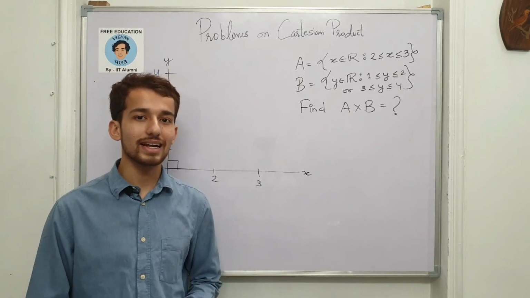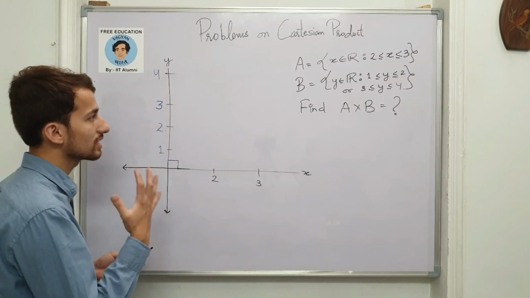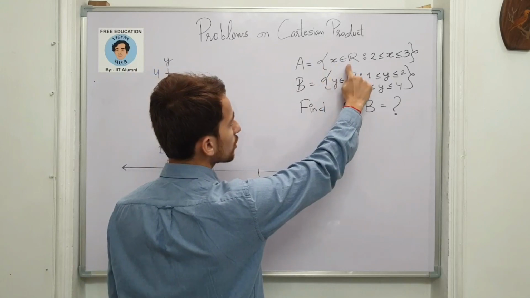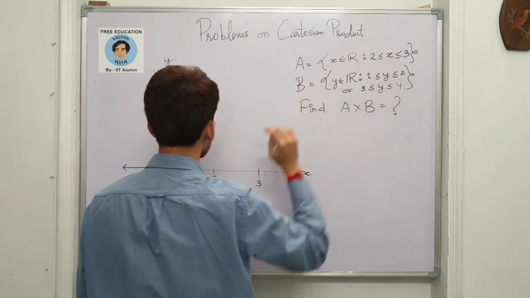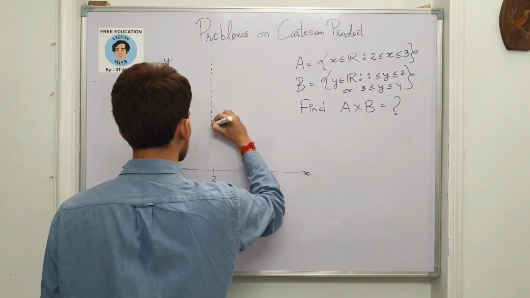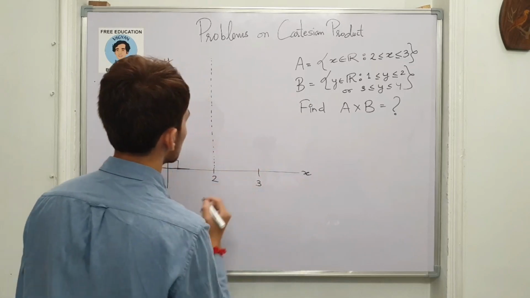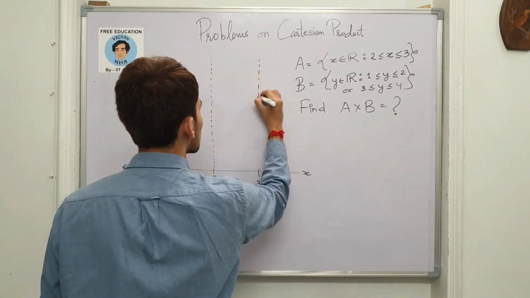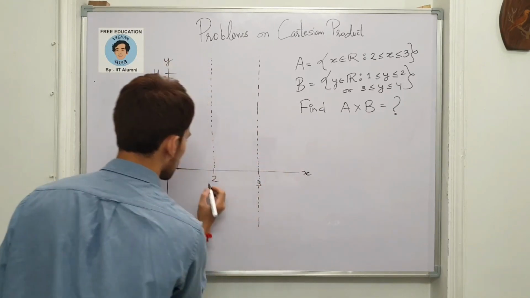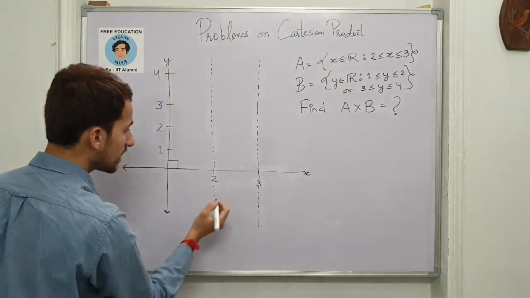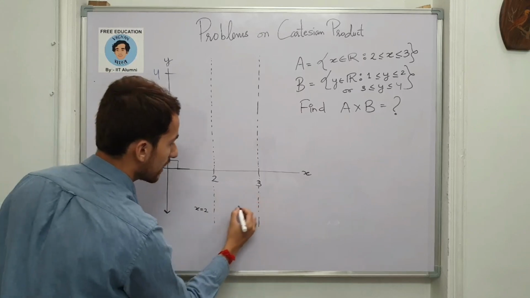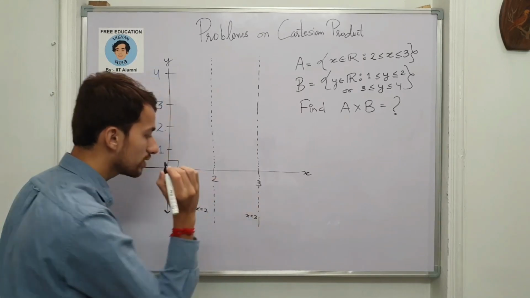Now let's try to understand what this means in terms of the Cartesian product. Basically, I'm asking my x to lie between 2 and 3, and both are included, 2 and 3. So if you now sketch this particular strip, these are basically your lines x equals 2 and x equals 3.